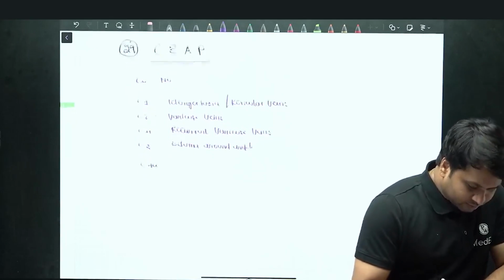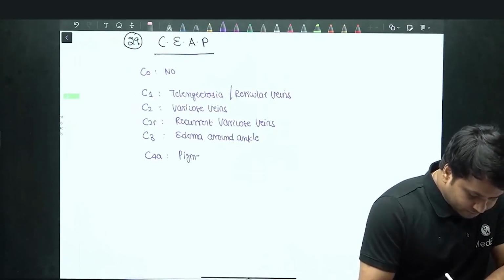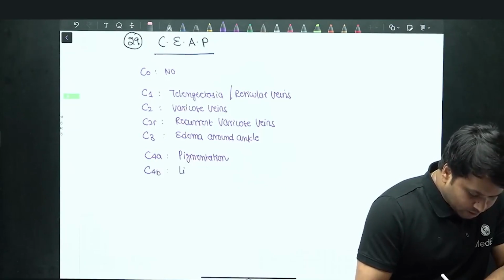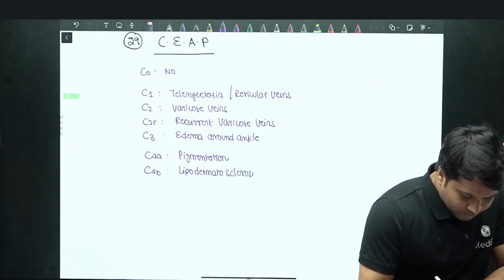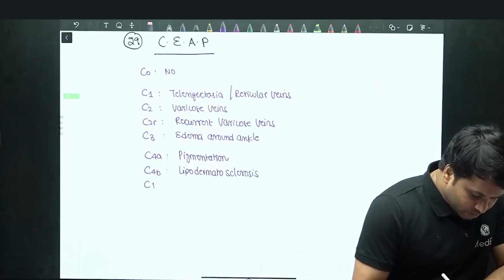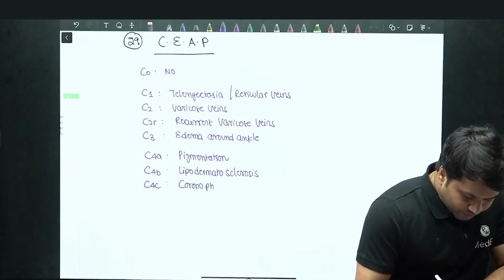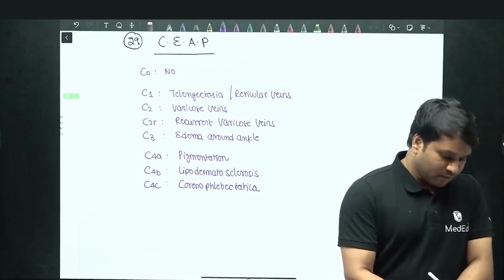C4A, this is presence of pigmentation. C4B, it is your lipodermatosclerosis. C4C, it is corona phlebectatica.